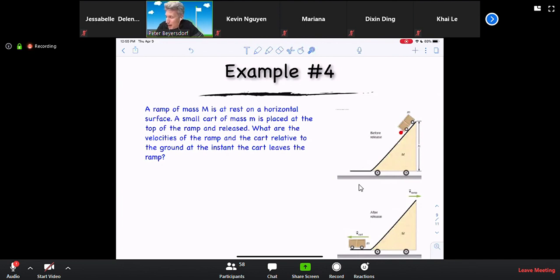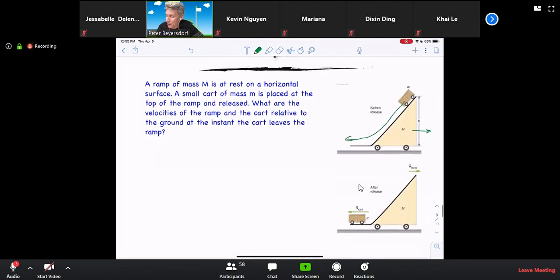What we expect is the cart will roll down and go off the end of the ramp to the left. But as the cart is rolling down and getting accelerated to the left, the big ramp is going to feel some kickback or recoil, and it's going to move to the right. So we get the cart going this way and the ramp scooting out from underneath it.